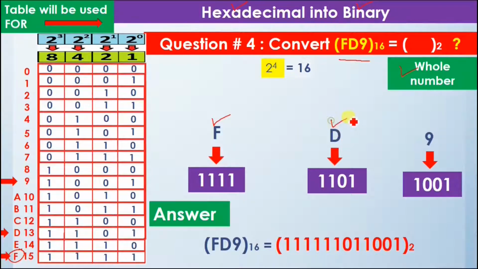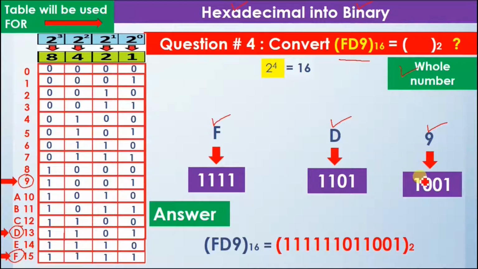Next we have D. So we will find D in the table. So here we can find D in the table. So D is equal to 1101 in binary. So we write D as 1101. Next digit we have is 9. So we will find 9 in the table. So here is the digit 9. And 9 is equal to 1001 in binary.